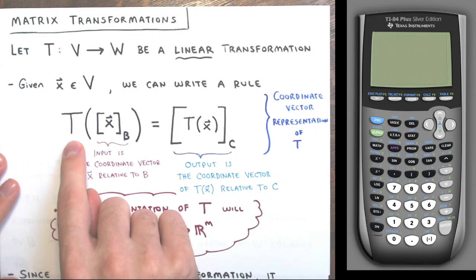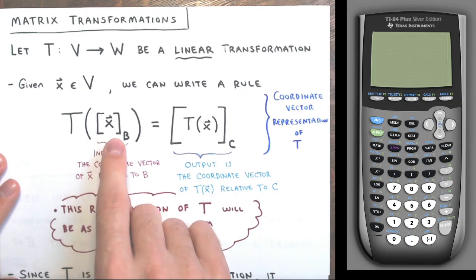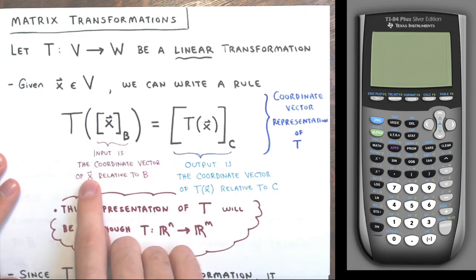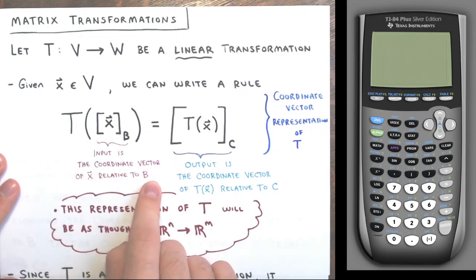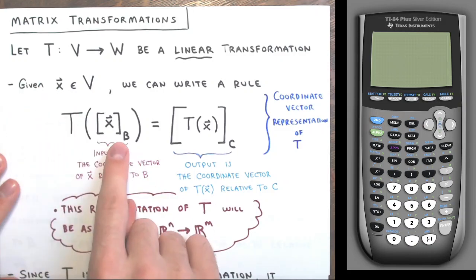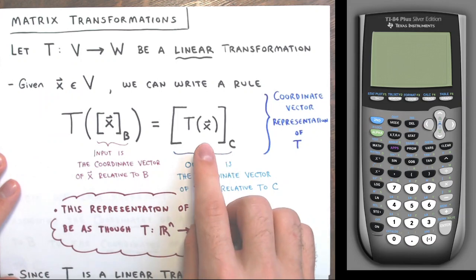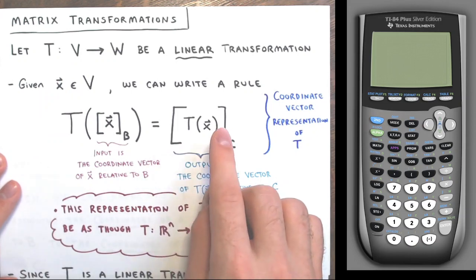It's a representation of T, not exactly T, but T of, and then my input is a vector: the coordinate vector of x relative to basis B. So I find the coordinates of x relative to basis B, which is what this notation meant, and I plug this into a new representation of T, and the output is another coordinate vector.